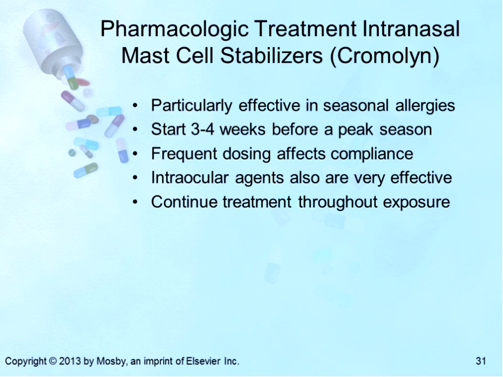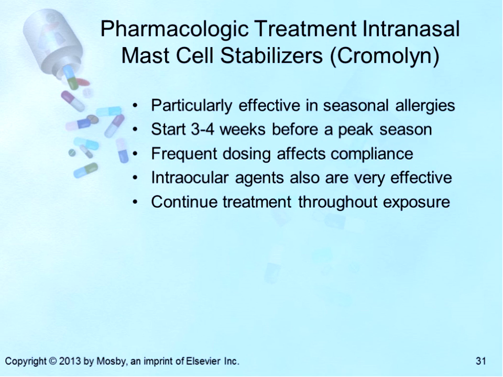The mast cell stabilizers: these agents are particularly effective in patients with intermittent allergies, especially when these are determined to be prevalent during only 1 season of the year. They usually are available over the counter and should be started 3 to 4 weeks before the peak allergy season occurs. Their effect on the nose is short-acting and that makes compliance more difficult because several doses are needed during the day.